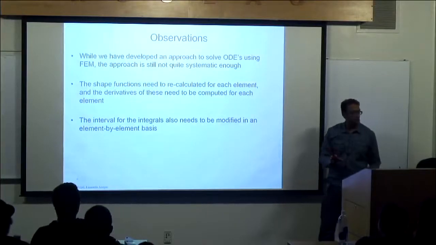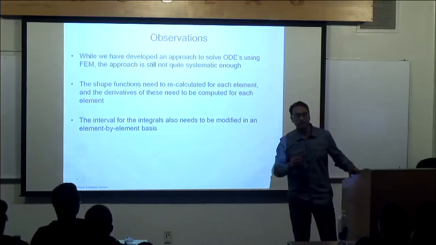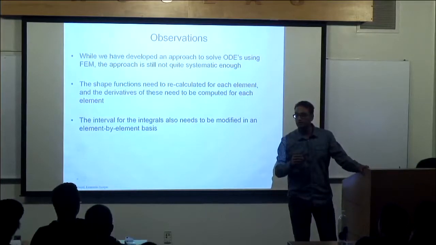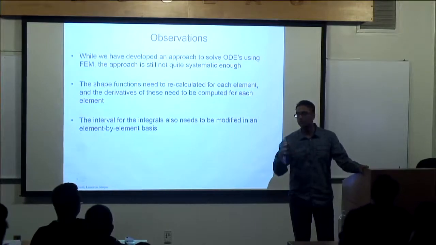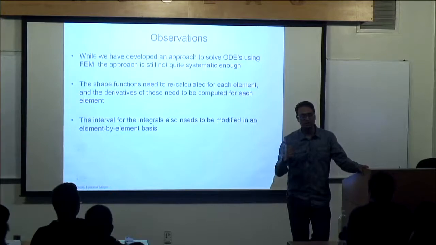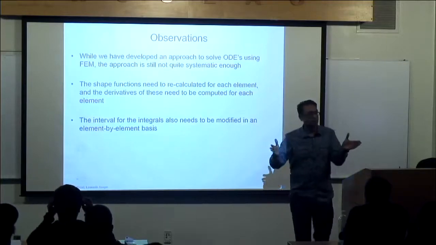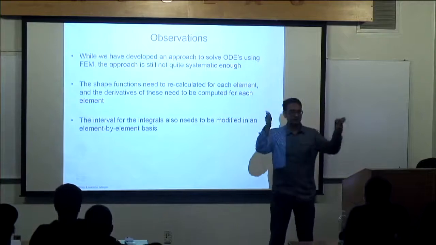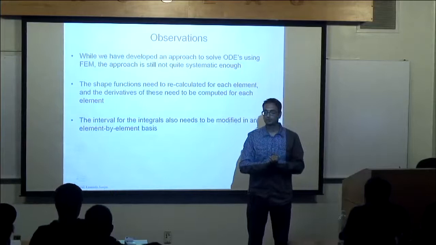And so what we're going to do next is to figure out a clever way of not having to recalculate these shape functions, because these are numerical calculations that cost computational time. So if I have a way of keeping the shape functions the same for every single element, I don't care what size I have. I could have an element this size or an element this size, but the shape functions are the same.